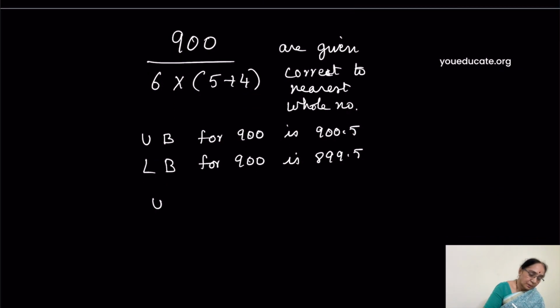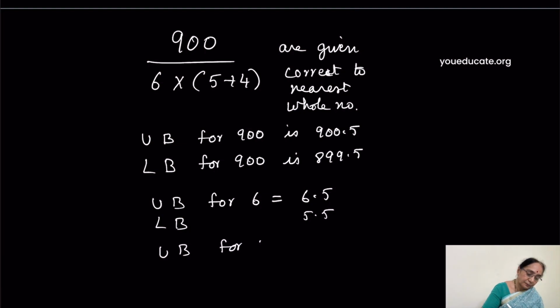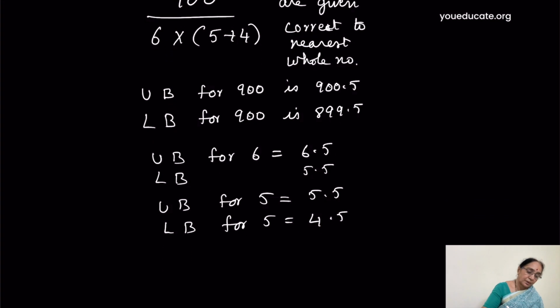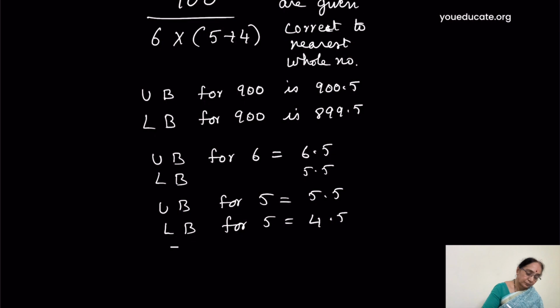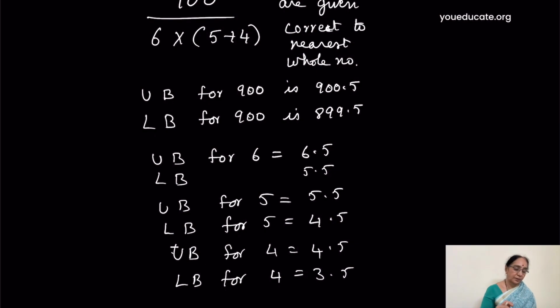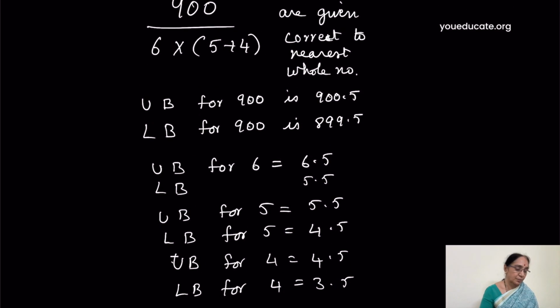Upper bound for 6 is 6.5, lower bound for 6 is 5.5, upper bound for 5 is 5.5, lower bound for 5 is 4.5, and so also for 4: upper bound for 4 is 4.5, lower bound for 4 is 3.5. Okay, we have the upper bound and lower bound for all the numbers in the fraction that has been given to us.